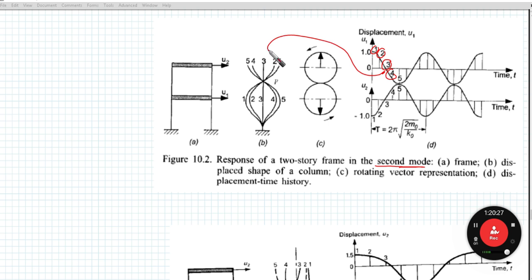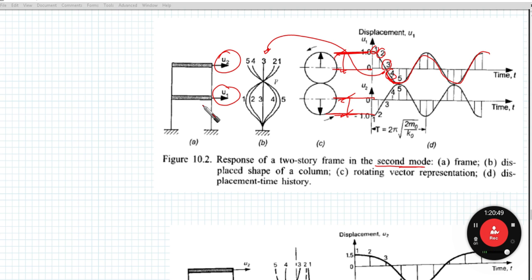And then 4 and 5 are in the opposite direction, and then it repeats again, and so on. So we have this for U1, and this is for U2.